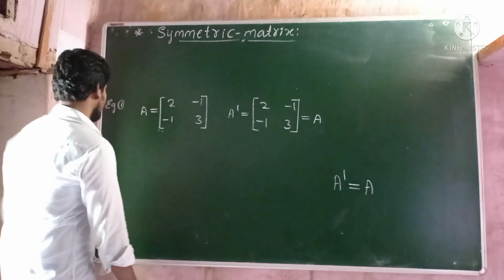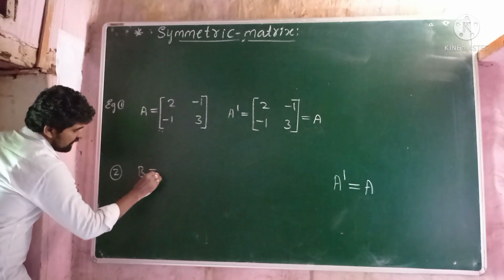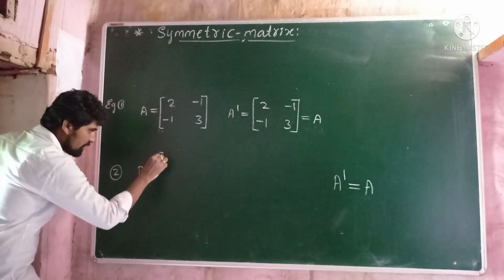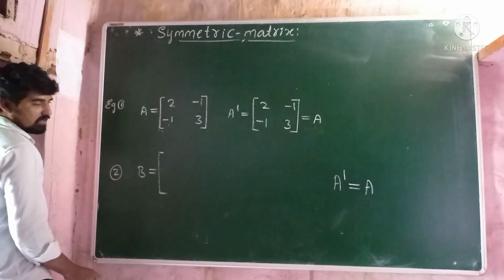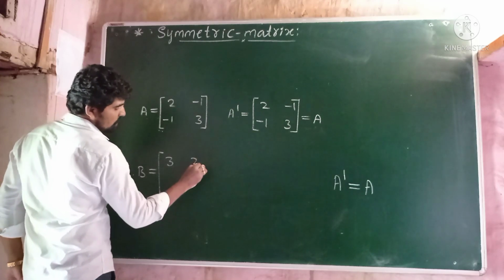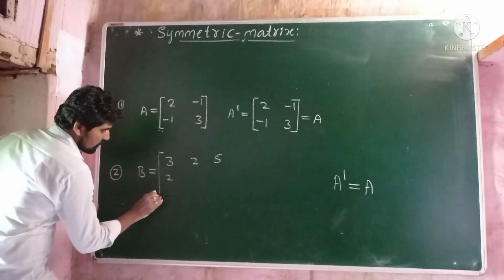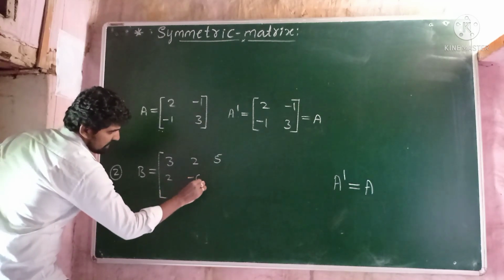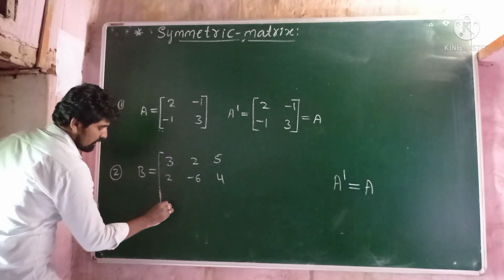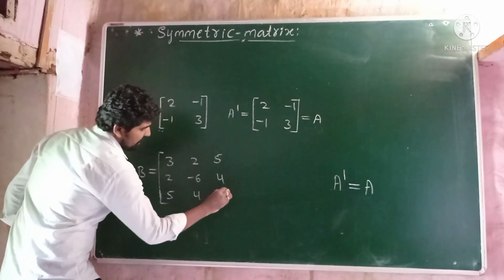Let us consider one more example. Suppose B is one of the square matrices, and elements of the matrix B are 3, 2, 5, 2, -6, 4, 5, 4, and -9.